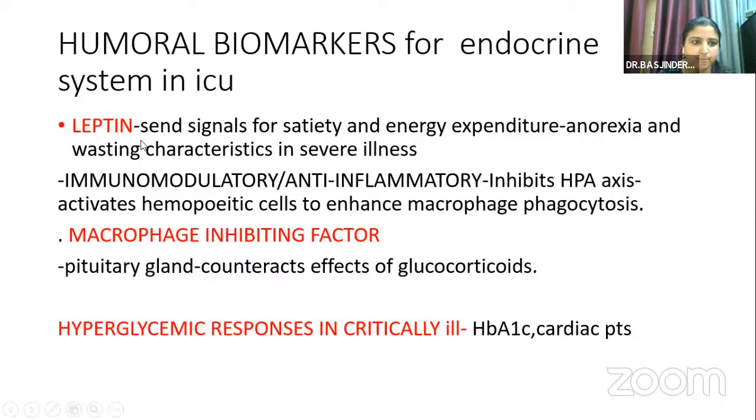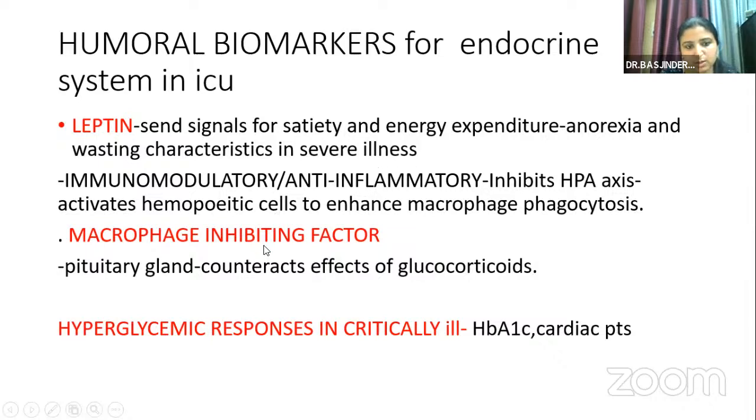One is leptin. It sends signals for satiety and energy expenditure, hence it is responsible for the anorexia and wasting characteristics in severe illness. Leptin is immunomodulatory and anti-inflammatory. It inhibits the HPA axis, which activates hematopoietic cells to enhance macrophage phagocytosis, and hence it acts as anti-inflammatory.